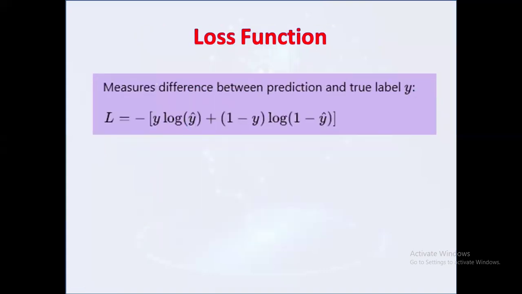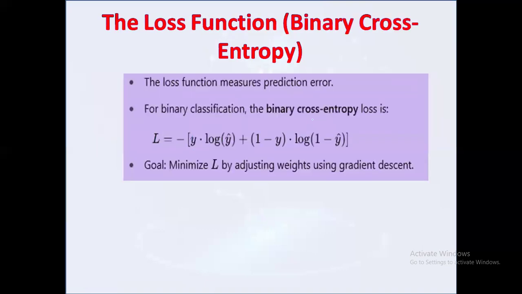So it measures the loss function. This is given by minus y, this is the targeted output, and this is the predicted value: minus of y into log y cap plus 1 minus y into log of 1 minus y cap. This is the loss function we'll discuss.